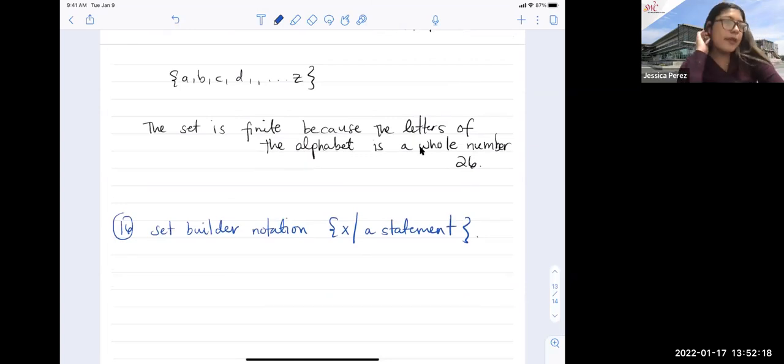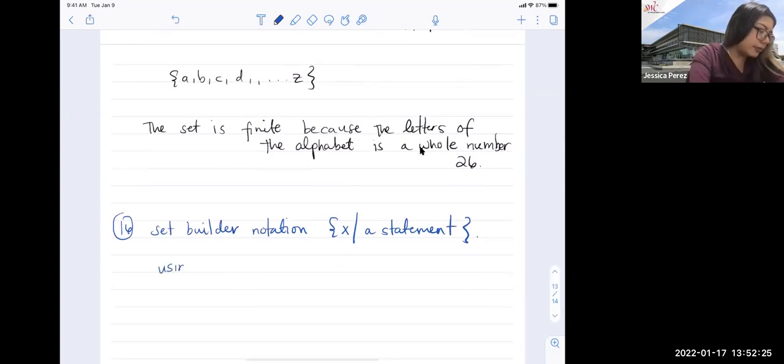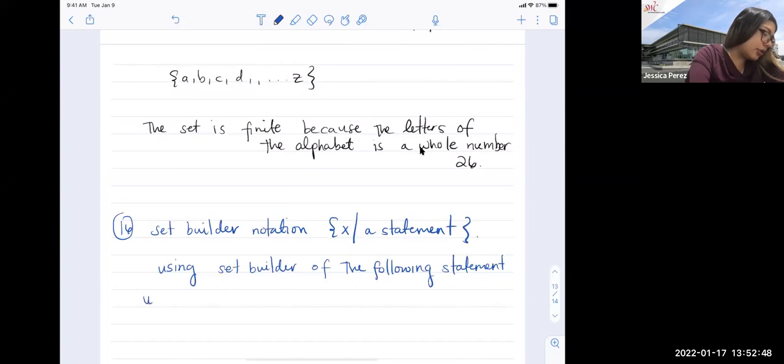So if I ask you the set of all, so using set builder of the following statement, using X as variable.